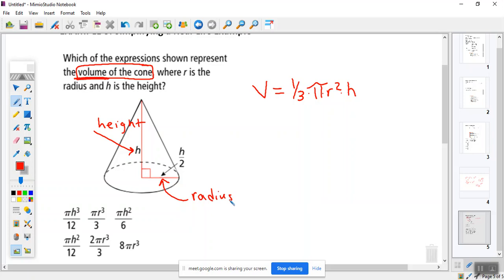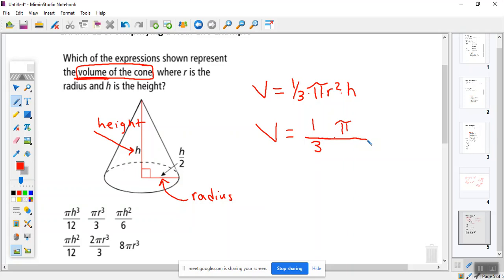So here we go. My volume is going to equal, I'm going to write it like this, 1 over 3 times, guys, this pi is like pi over 1, isn't it, kids? So I'll put a pi up top here. Okay, r squared, this is an interesting one. What are we putting in for the radius, kids?